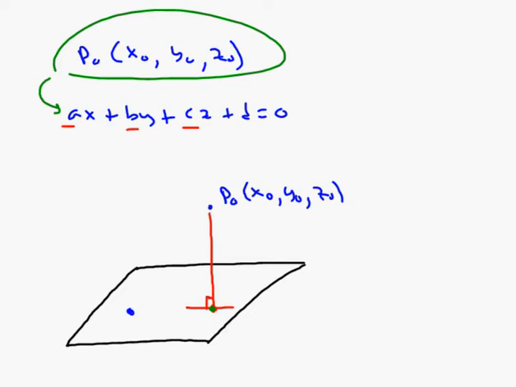So I might call this, let's see, what would be a good name for that? I guess we can call it x1, y1, z1. So this is going to be a point on the plane.